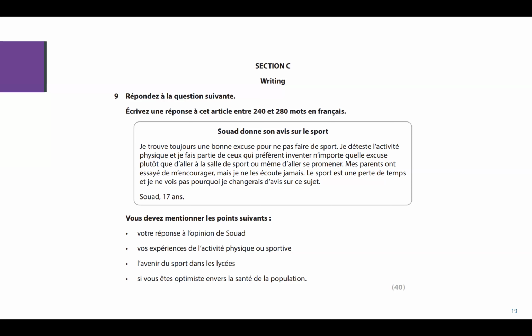And the idea of this 240 to 280 is that 240 is the minimum number of words they need to write in order to show that they can fulfill the criteria. And 280 is the maximum number they need to write in order to show that they can fulfill the assessment criteria. So they don't need to write any more.